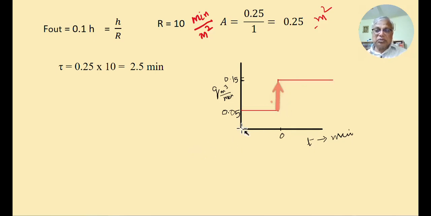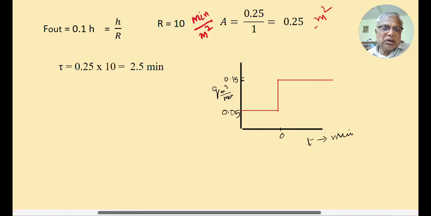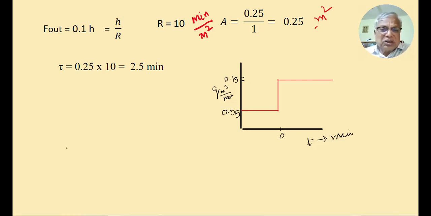So what sort of input is this? This is a step input. This sudden rise from 0.05 to 0.15 represents a step input. If you write Q in terms of the deviation variable, Q equals M into U(t).